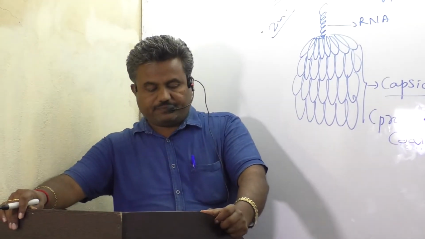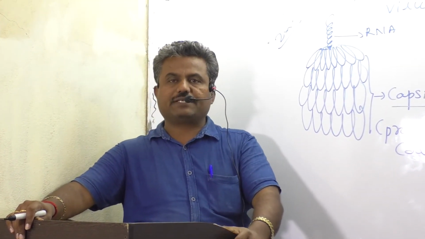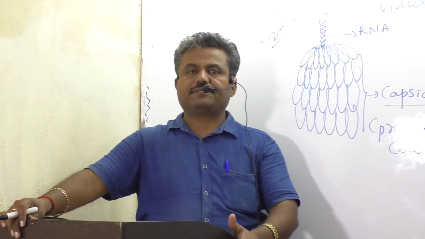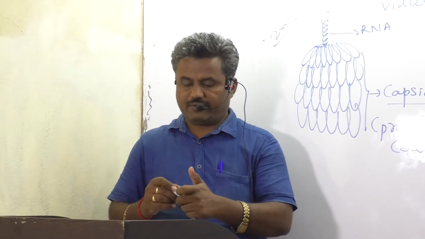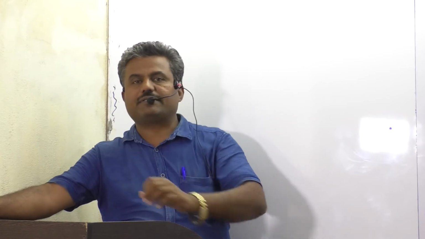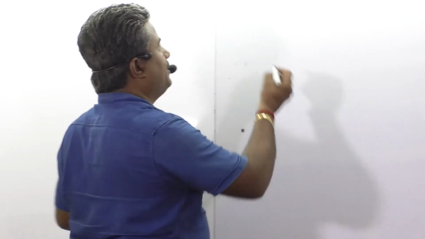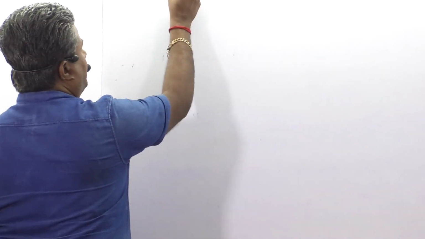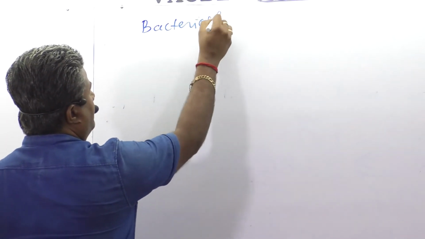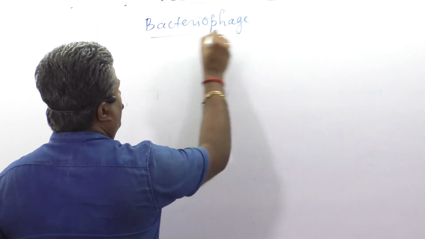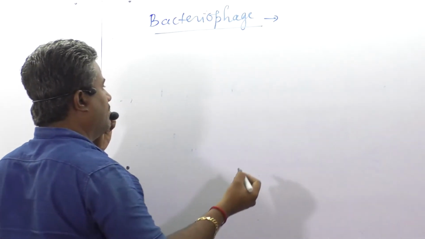Here, the last aspect we discuss is lichens. Yes. Before discussing lichens, another diagram is there, that is bacteriophage. We observe that. That is also important. What is bacteriophage?